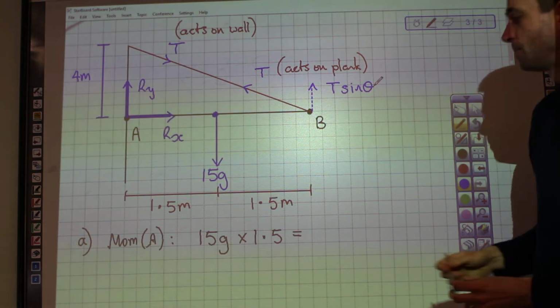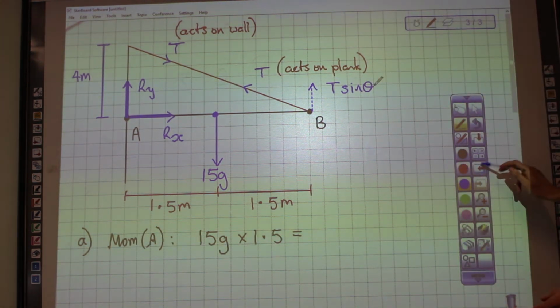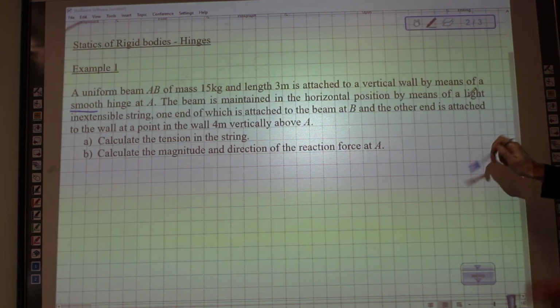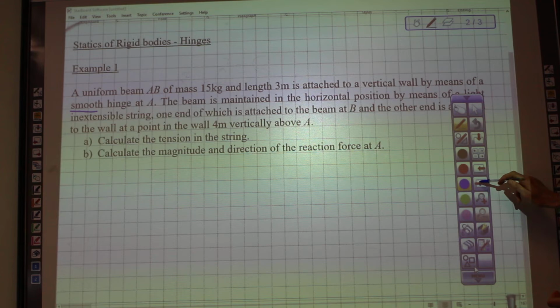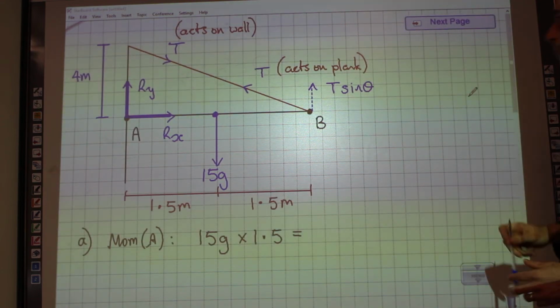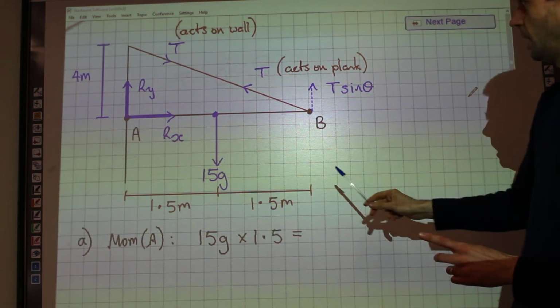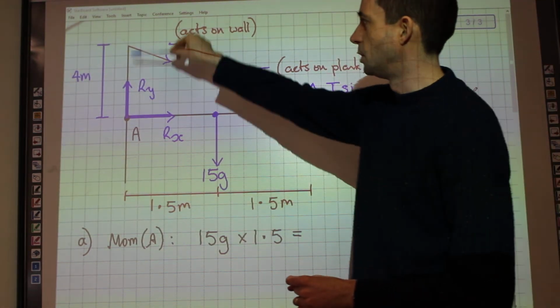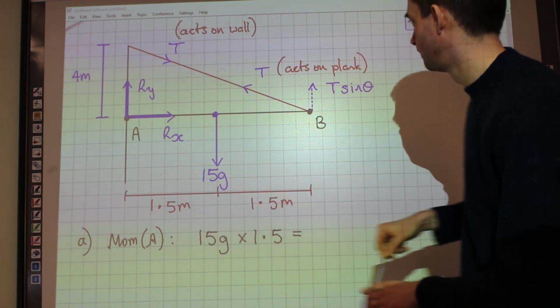theta. I'm just going to refer back to the question: have I been told the angle? No, I haven't, but I have enough information to work it out. Now, let's just consider this here. This is a 3 meter length. I've been told that this length is 4 meters.